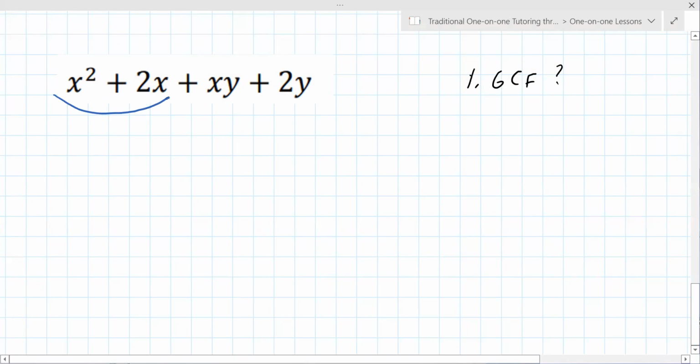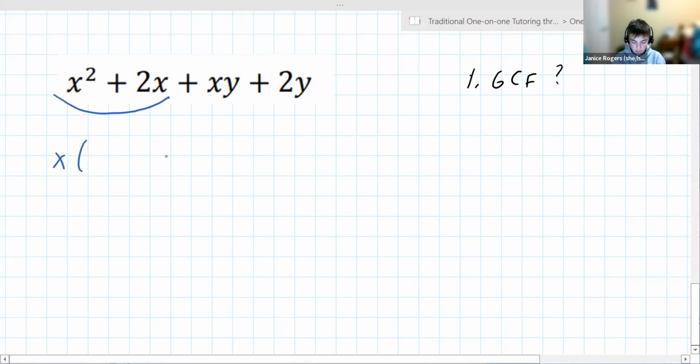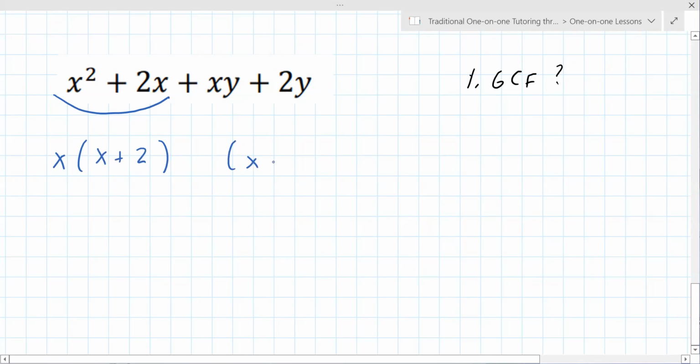What is the GCF between those two? X. Okay, so what goes in parentheses? X plus 2. Good. And you immediately write that over here to the right, leaving a space. We've got to figure out what's going to fill in that space.